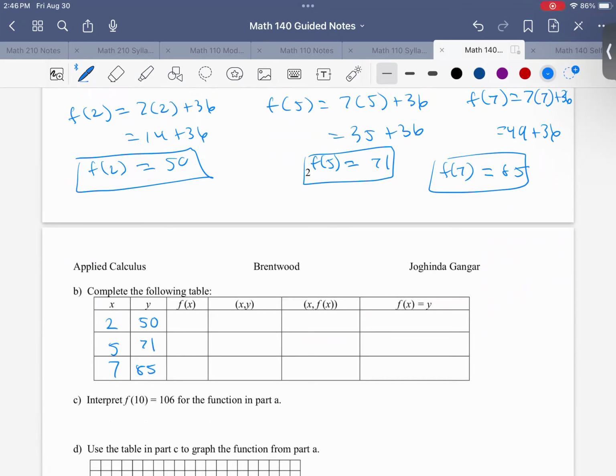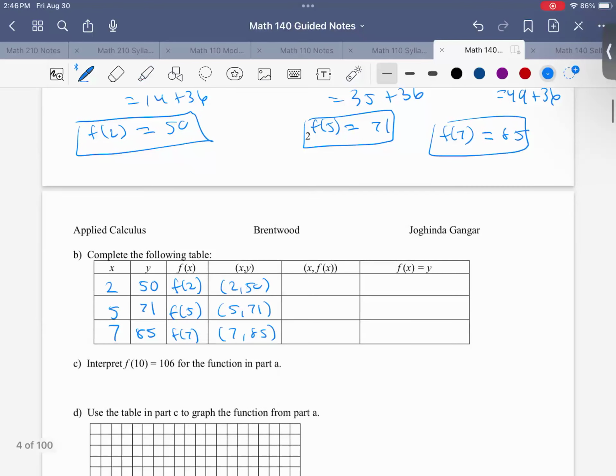So f of x, meaning for each input, f of 2, f of 5, and f of 7. Remember, these are the same exact thing. They equal each other. Now let's write a coordinate point. Well, this would be (2, 50), (5, 71), and (7, 85).